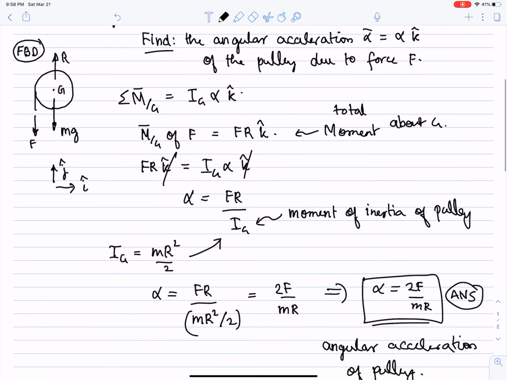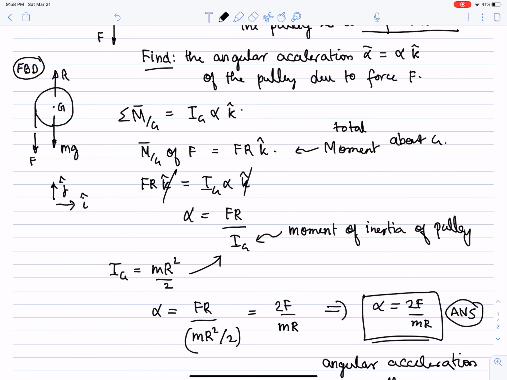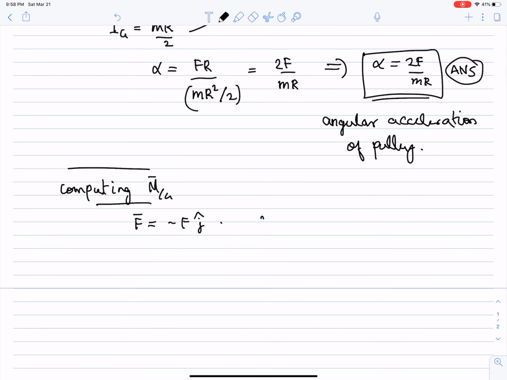The force F is applied at a point P, which is this point. So what is Rp with respect to G?